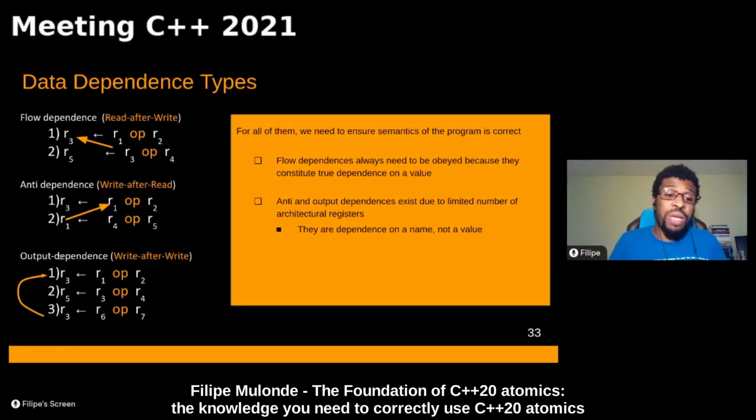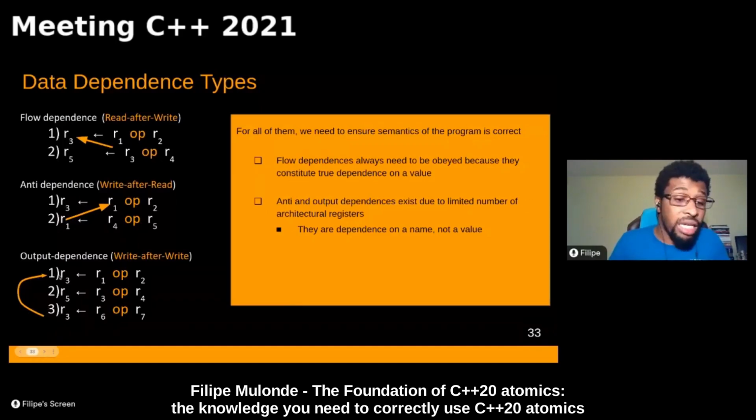There is also output dependency, that's a write after a write. Here, the first instruction is writing to register number 3, the second instruction is reading register number 3, and the third instruction is also writing to register number 3. Even though we have a true dependency between instruction 1 and instruction 2, there is no true dependency between instruction 3 and instruction 1.